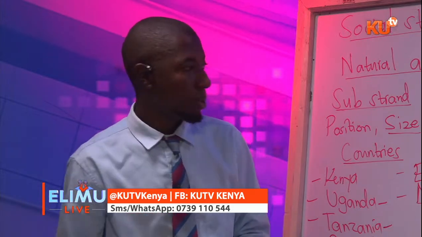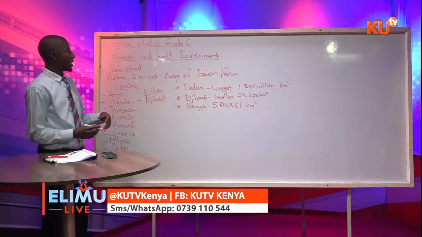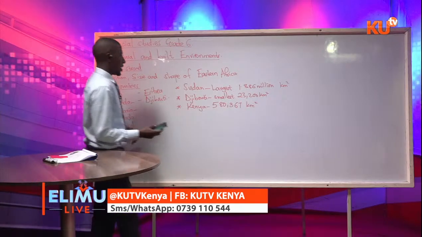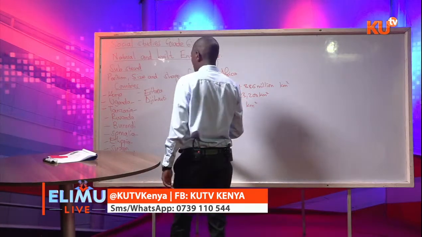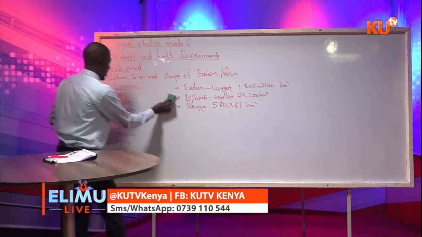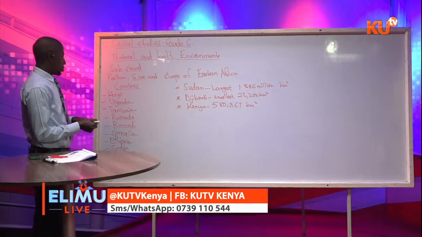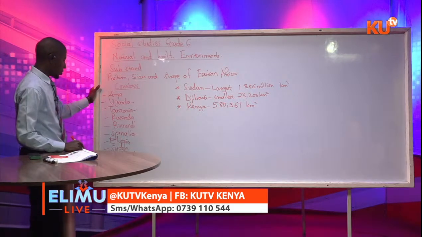So I'm going to go now into still identifying the countries in Eastern Africa. And what we are going to do right now is identify the capital cities of these countries of Eastern Africa. So I'm going to mention the capital cities of each of these countries.